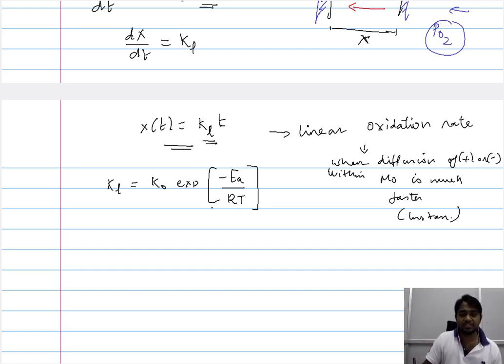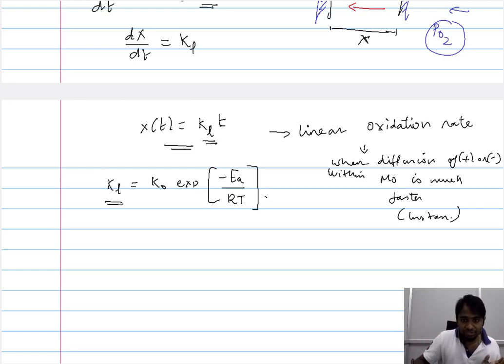What this says is that this rate constant, or proportionality constant, talks about the reaction between the metal and the oxygen, irrespective of the mechanism, irrespective of the diffusivity. This constant talks about the reaction between the metal and the oxygen when these two are in contact. So the influence of temperature on a material exhibiting linear oxidation rate, in addition to influencing the diffusivity of oxygen, is that it also influences the proportionality constant.